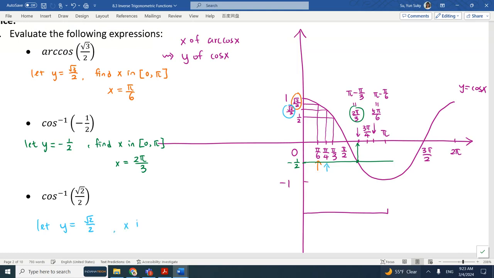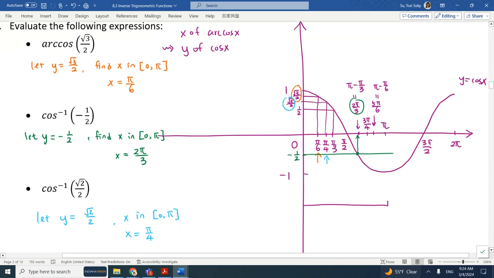You find the x in 0 to pi. And then we get x is pi over 4. Is that okay, everybody? So once you draw the graph, then you can find the values. All right. Any questions so far?